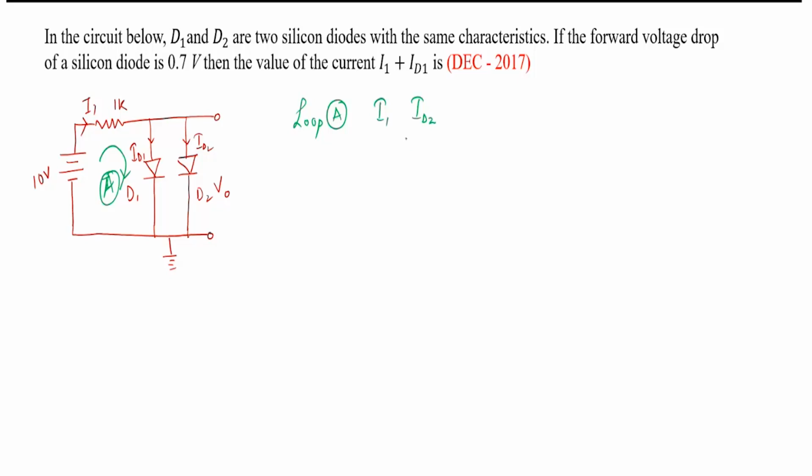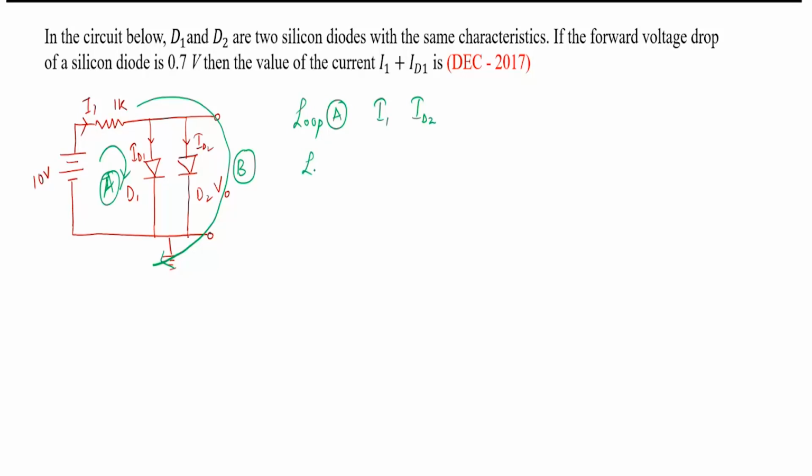To solve this equation, you need one more equation, right? But if you take this loop outside, I will call it loop B. How many variables are involved? One.